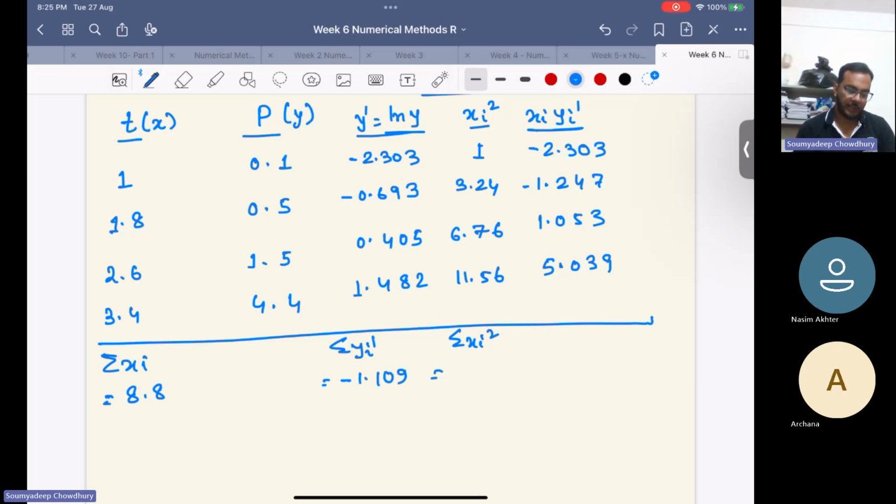Summation xi square is 1 plus 3.24, 6.76, which gives 22.56. Summation xi yi dash is basically 5.039, 1.053, minus 1.247.